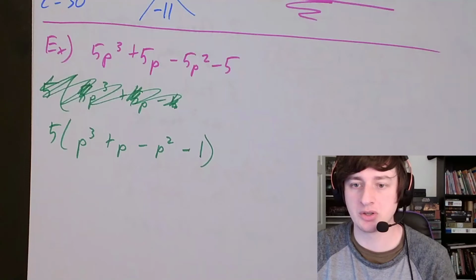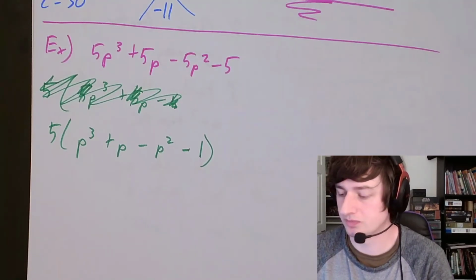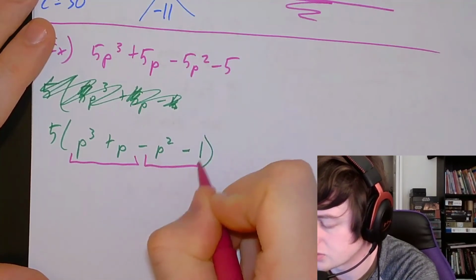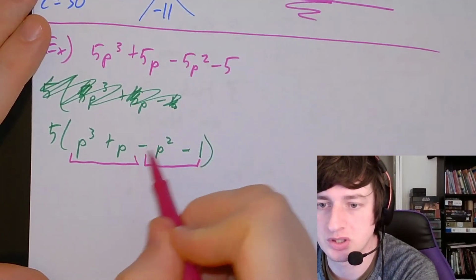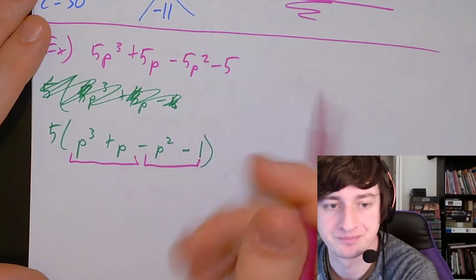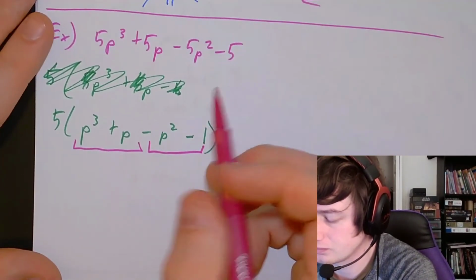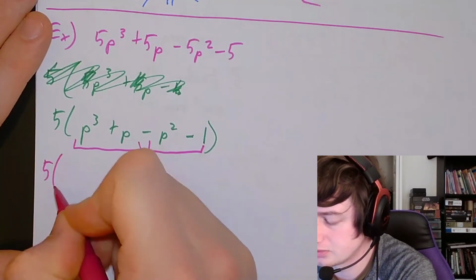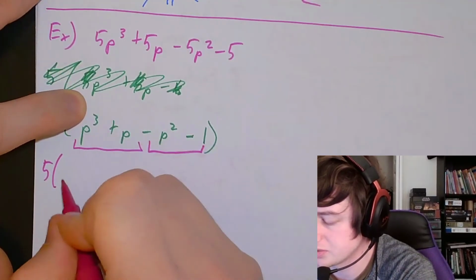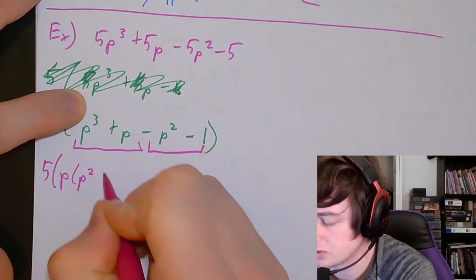All right, and then I'm going to group things. Now, these first two things are going to be my first group, and these two things are going to be my second group. And I also want to include this negative because I think we're going to factor a negative 1 out of here. And so it's 5 times, I can factor a p out of this, so p times p squared plus a 1.